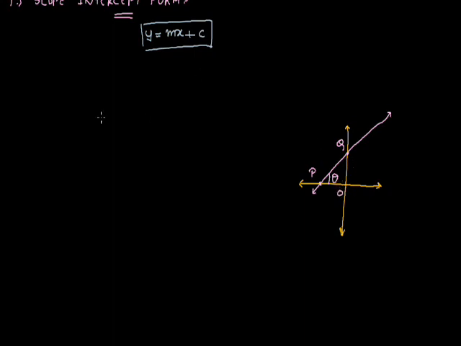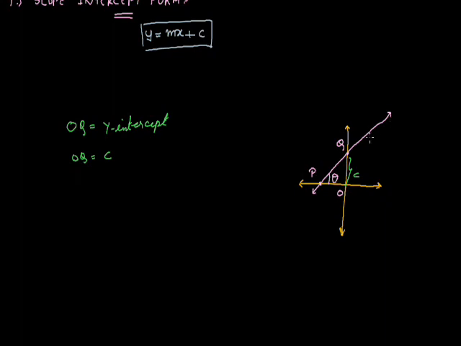Over here I can say that OQ is the y-intercept which our line makes with the y-axis, and I'll name our y-intercept as c. So this distance OQ becomes c.